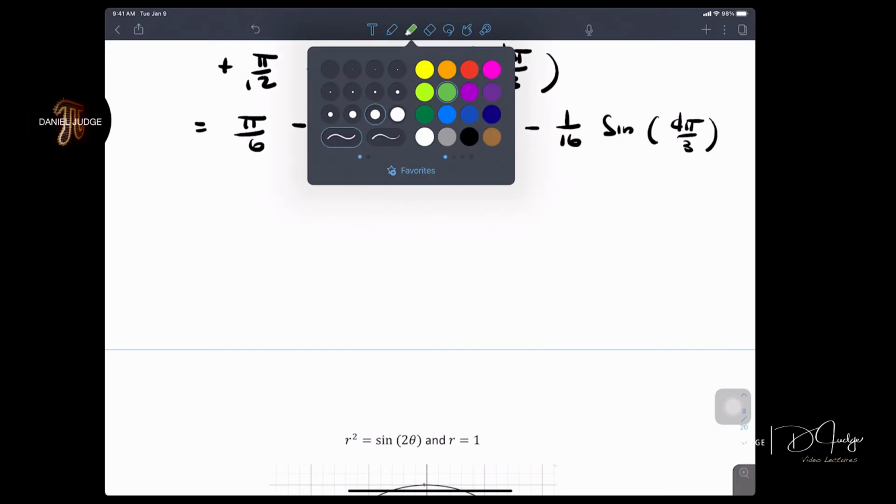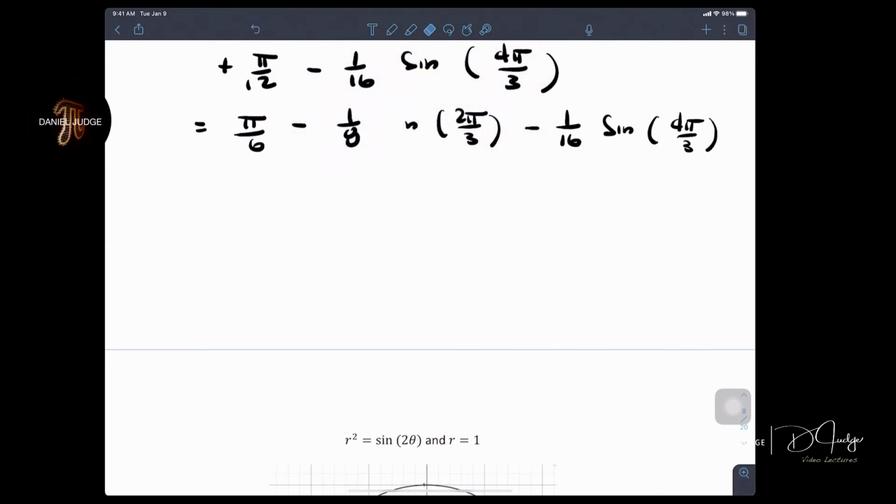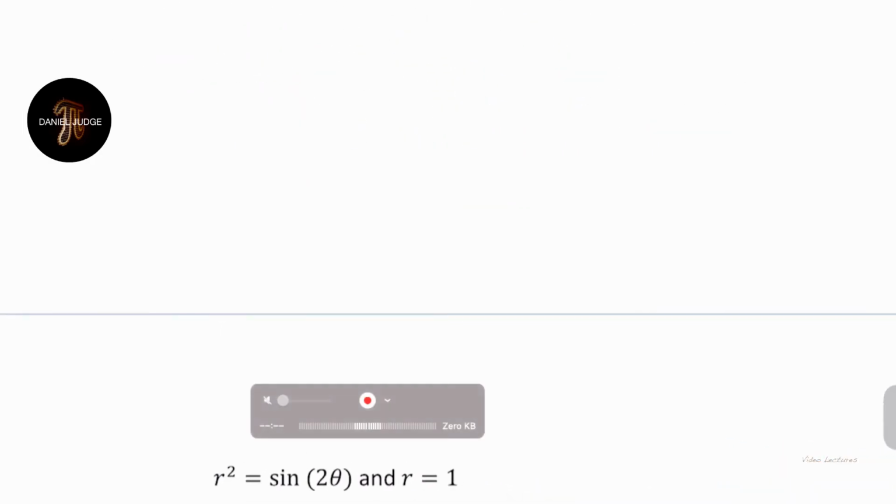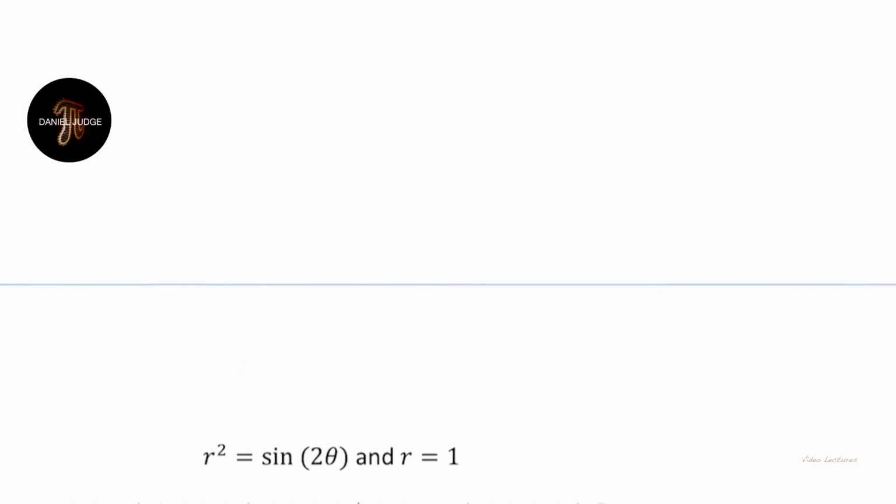So we're going to need to know a couple of things here. Can't erase that. We need to know what sine of 2 pi over 3 will be. We didn't know right in here. We didn't know sine of what 4 pi over 3 will be.